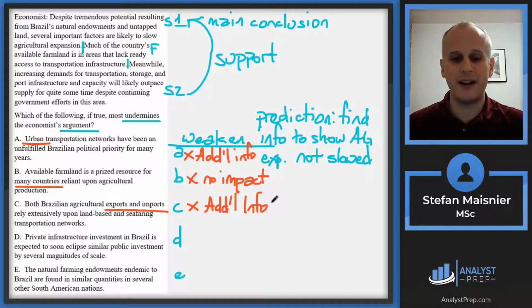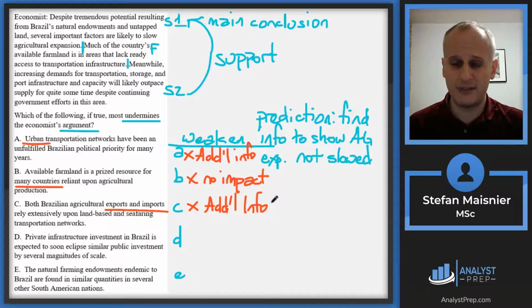Choice D says that private infrastructure investment in Brazil is expected to soon eclipse similar public investment by several magnitudes of scale. So, in the abstract, this seems potentially to be irrelevant, but right now we know that we're outpacing supply despite government efforts.